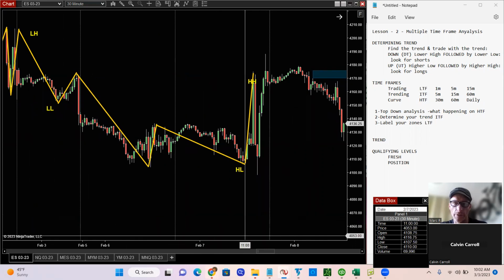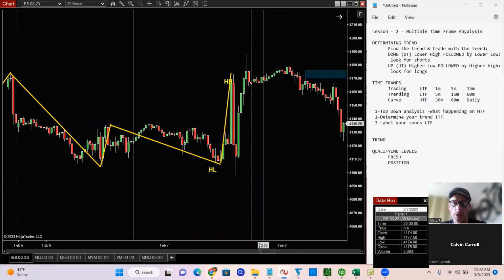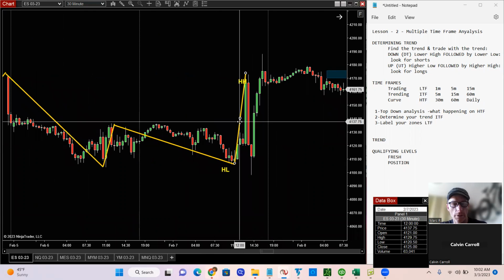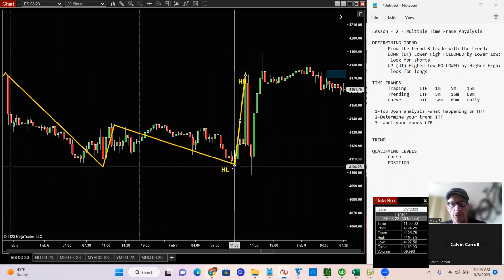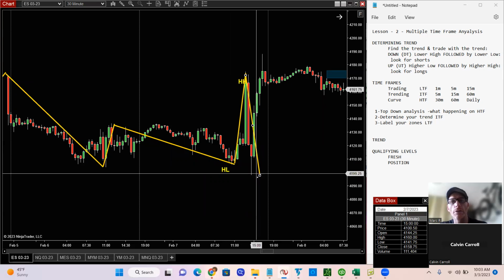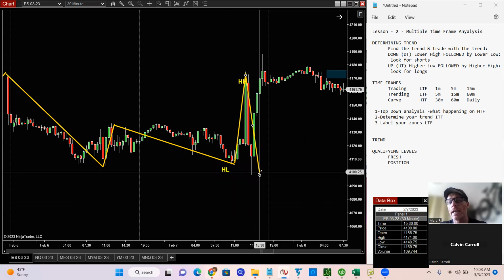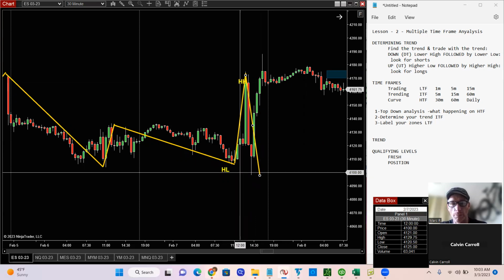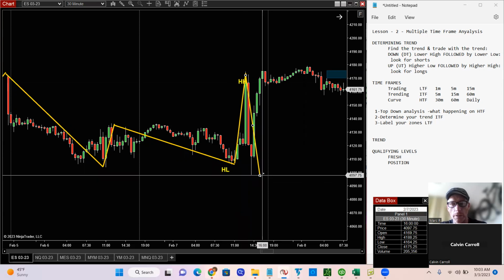Now it gets a little tricky here after this news situation, right? So in theory, based on everything I just told you, because we took out the higher low, this uptrend is broken, but the downtrend is not confirmed.